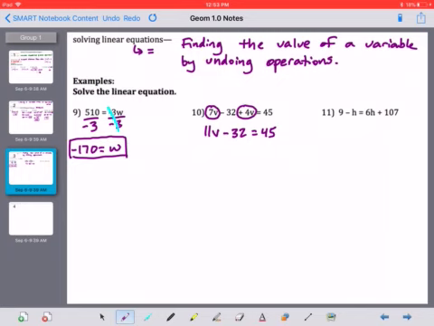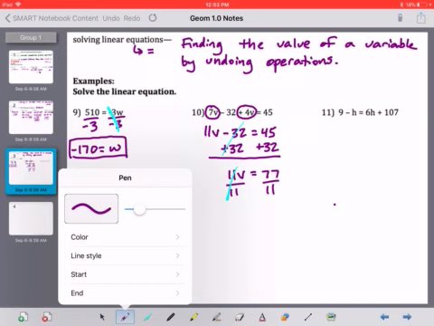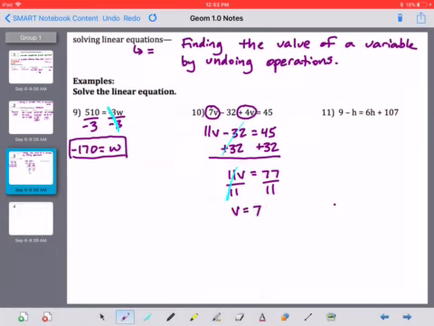Well, what's the opposite of subtracting 32? It's adding 32. So we will add 32 to both sides to get these to cancel. We end up with 11v equals 77. Now we can divide by 11. Those cancel, and we end up with v equals 7.